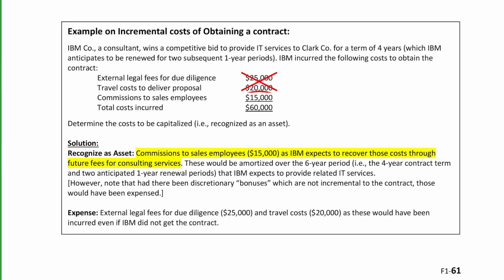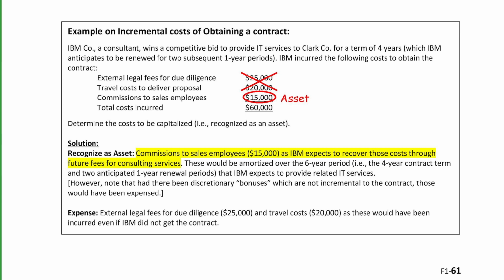So basically, I want you to put a cross around both these expenses, while I want you to put a circle around the commissions to sales employees of $15,000 and write asset. So guys, if you're understanding, IBM would naturally not have paid the commission to the sales employees had IBM not obtained the contract.